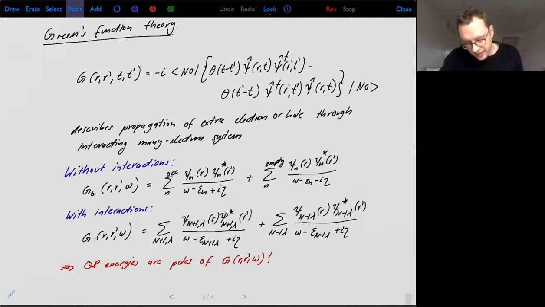And basically what we saw is that as a function of frequency, the non-interacting Green's function has poles at the Kohn-Sham energies, which basically correspond to the energy differences between the N and the N plus or minus one electron systems, which basically correspond to the quasi-particle energies if you don't have interactions.